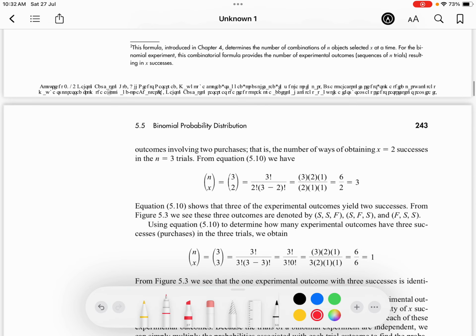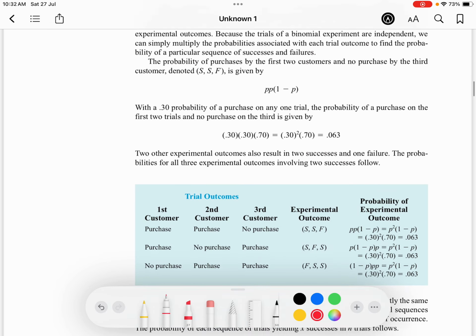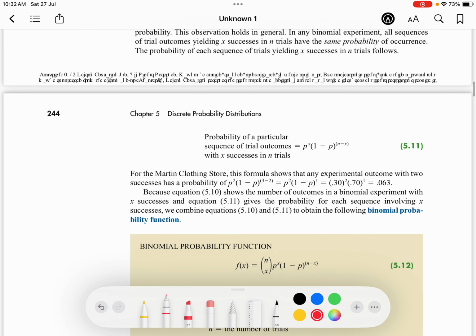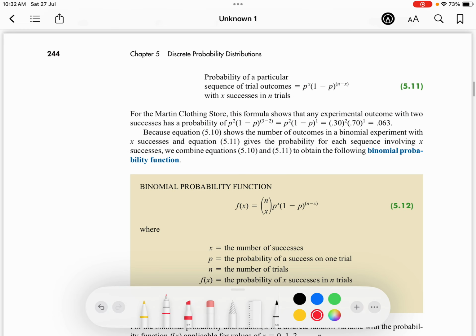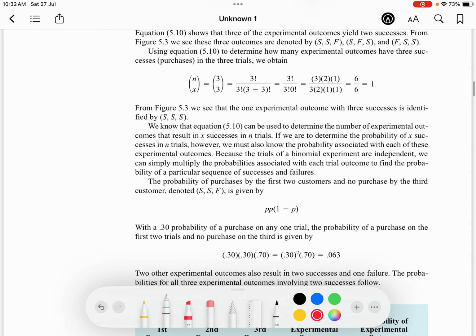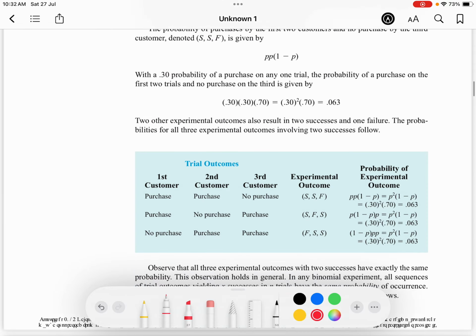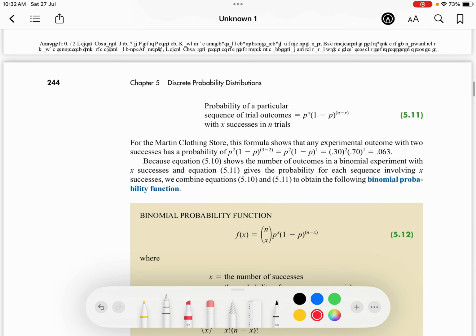If you return back to equation 5.10, which is a combination.